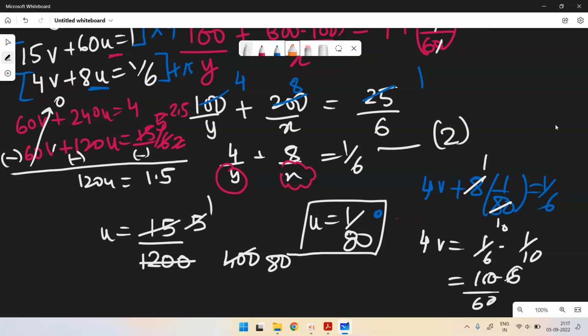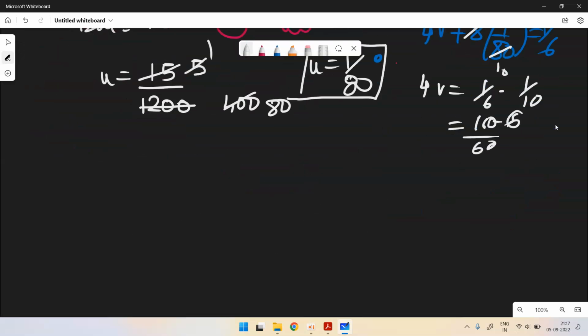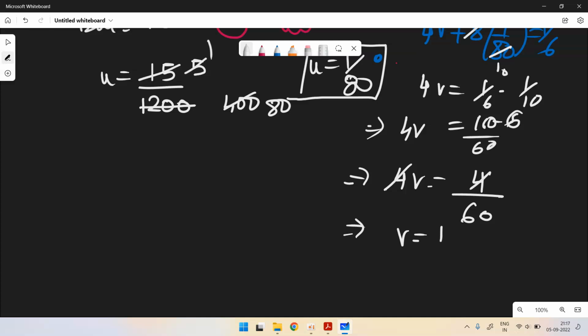So 4v equal to 4 by 60, and from here you can see that 4 and 4 get cancelled, which implies v equal to 1 by 60. Now you had taken x equal to 1 by u, which is 80.